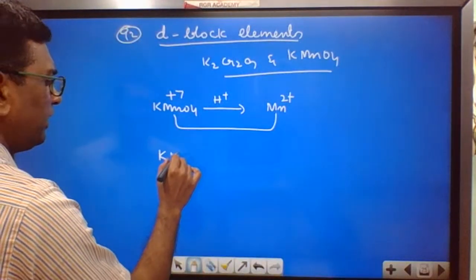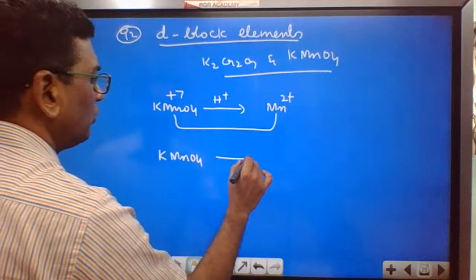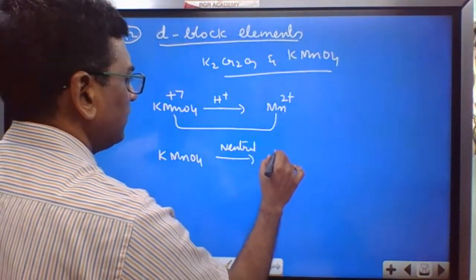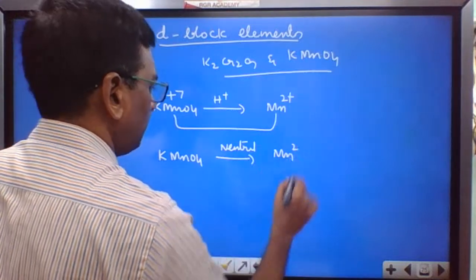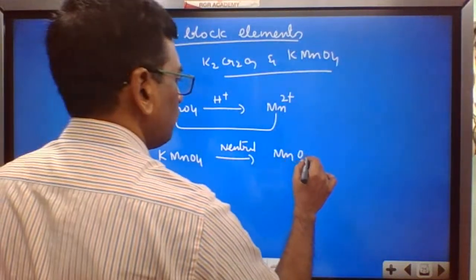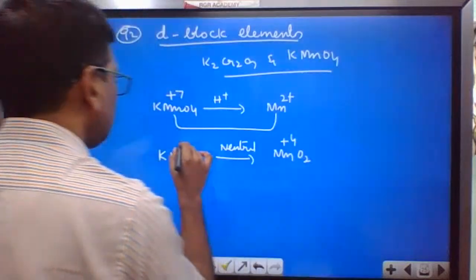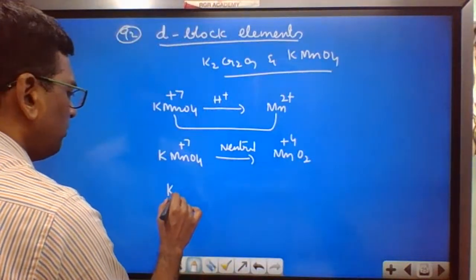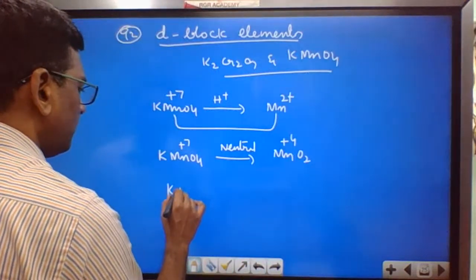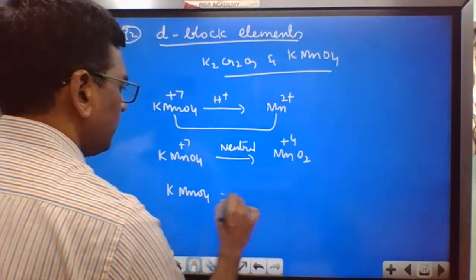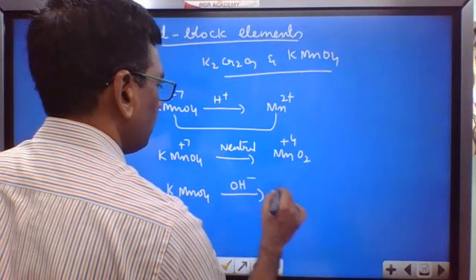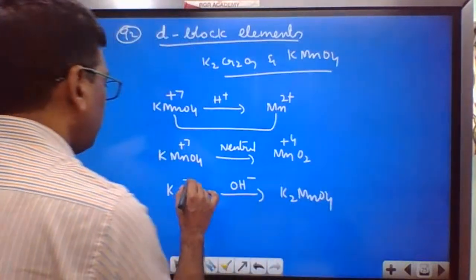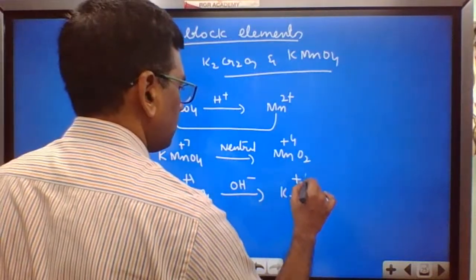In neutral or fairly alkaline medium, it converts into MnO2, so +7 changes to +4 oxidation state. Whereas in basic medium, KMnO4 is converted into K2MnO4, so the oxidation state changes from +7 to +6.